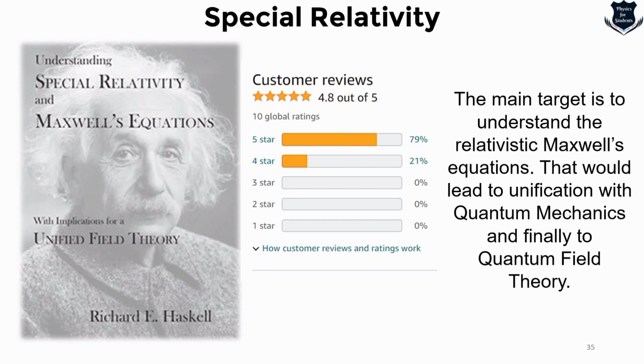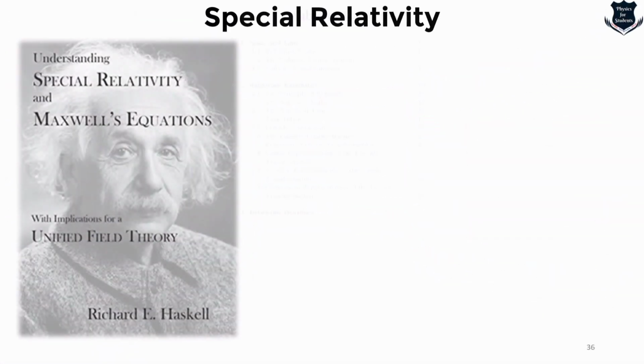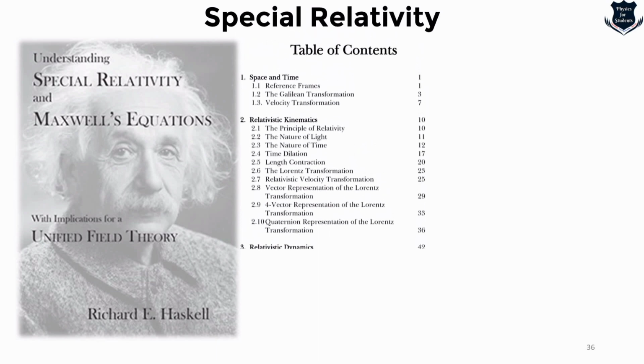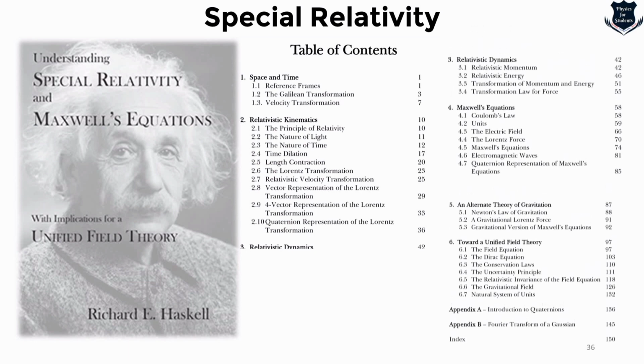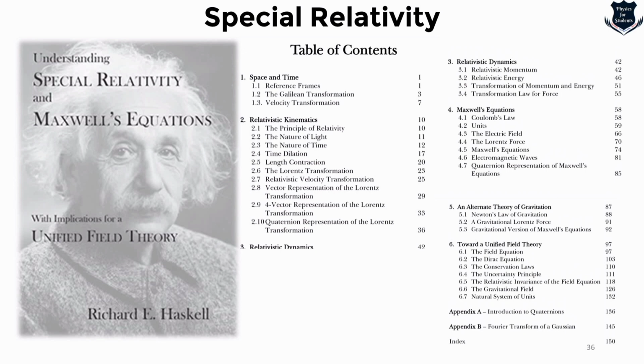As I will show you from the contents, it is a very good book because it is more specialized to relativistic mechanics and Maxwell's equations. It starts with relativistic kinematics, relativistic dynamics, Maxwell's equations. That is why I said I will take two approaches. This second one talks of special relativity in relation to Maxwell's equations. Very important, otherwise the concept of quantum field theory won't be clear.